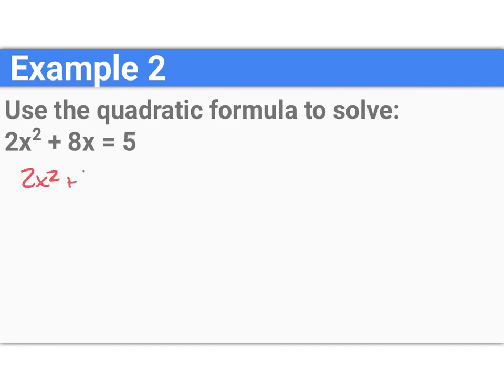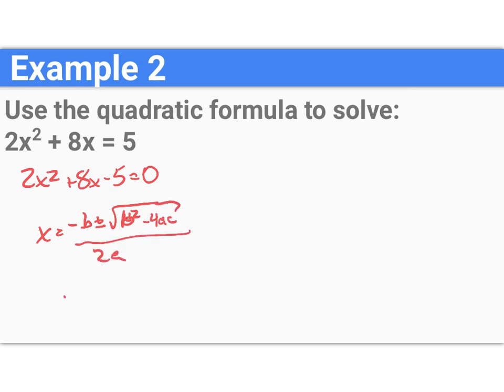2x squared plus 8x minus 5 equals 0. X equals negative b plus or minus the square root of b squared minus 4ac all over 2a.